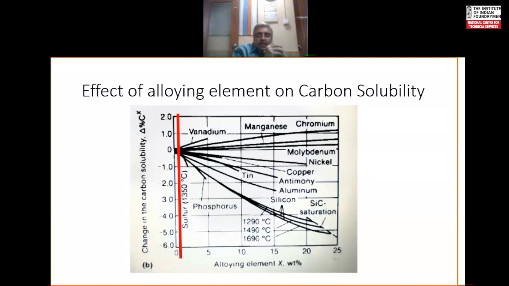But I have chosen this graph so that you know the trends are the same. Basically, this graph is shown to show you the trends. That means who is pushing out, who is encouraging carbon to come out of the iron, and who are the ones holding on to that carbon along with iron to form cementite, which is the hard phase.